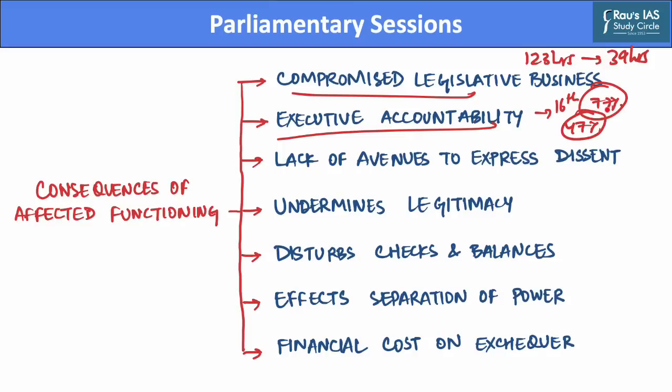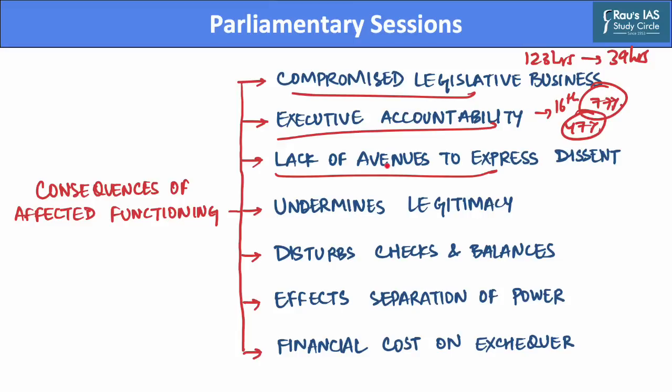And this indicates a lost opportunity for the parliament to hold the government accountable for its actions. Further, this affected functioning has led to a lack of avenues to express dissent, as there is non-availability of adequate time for members of the parliament, which has led to their frustration. And hence, it has been cited as a major reason behind MPs disrupting the parliament.